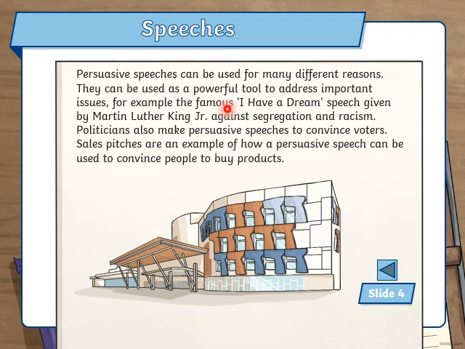Sales are an example of how persuasive speech can be used to convince people to buy products. Sometimes in your exams, the examiner asks you to write a speech to your classmates to convince them to stop bullying, about school uniforms and other things, eating healthy food.